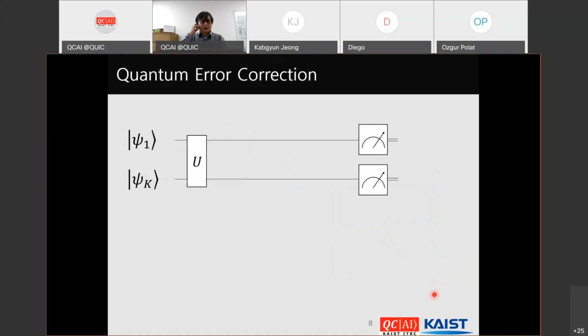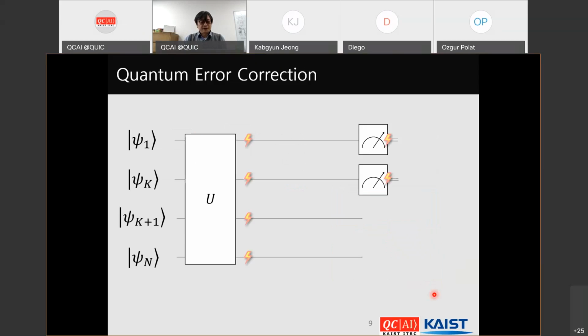Quantum error correction can be applied with some additional redundant qubits. We can introduce coding with some redundancy, and then we can provide the error corrections.